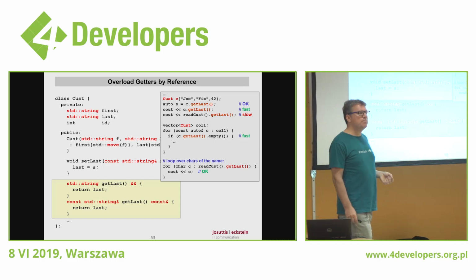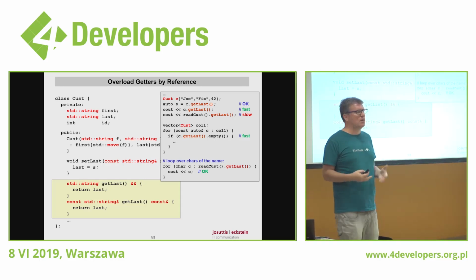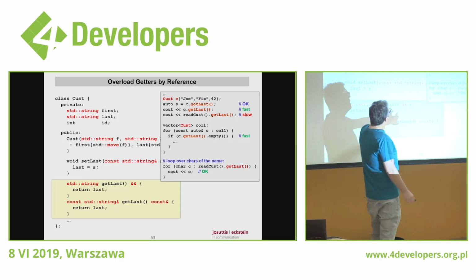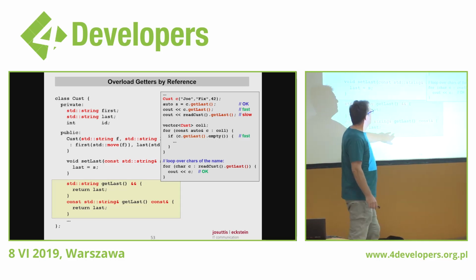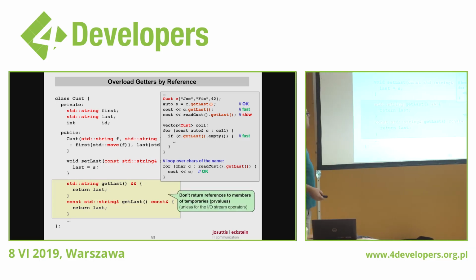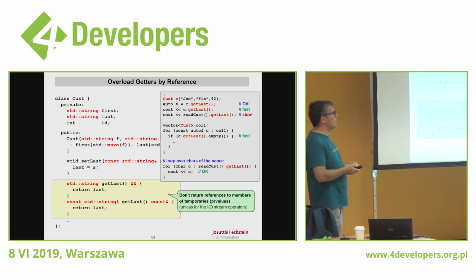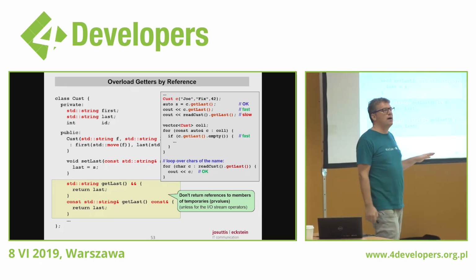And what does it mean, two ampersands? Move semantics. We have a temporary object where we can steal the value from. So this would be called for temporary objects, or where we can steal the value from. And this would be called in all other cases. So we have here a slightly different rule, say, don't return references to members of temporaries. The technical term we use is prvalues.